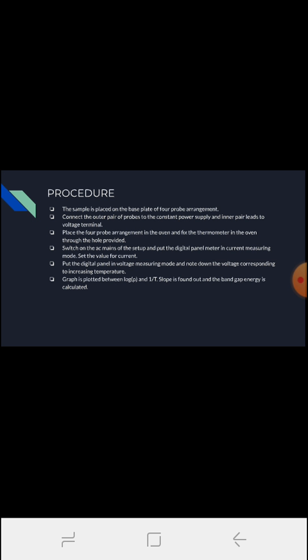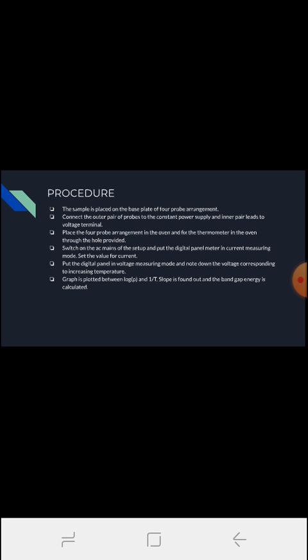Now for the procedure of the 4 probe method. The sample is placed on the base plate of the 4 probe arrangement. Connect the outer pair of probes which leads to the constant power supply, and the inner pair which leads to the voltage terminal. Place the 4 probe arrangement in the oven and fix the thermometer in the oven through the hole provided.